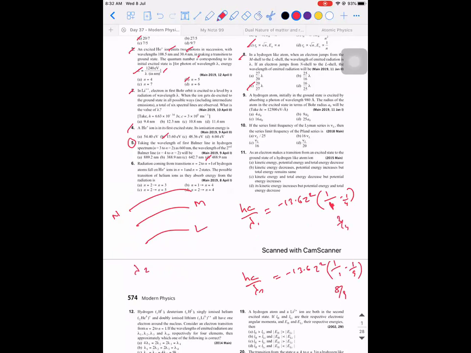So lambda 2 by lambda 1 is equal to 3 by 4 into 9 by 8. Sir, I think it's 3 to 2, sir.